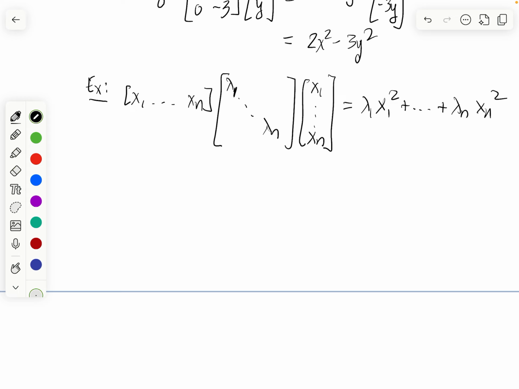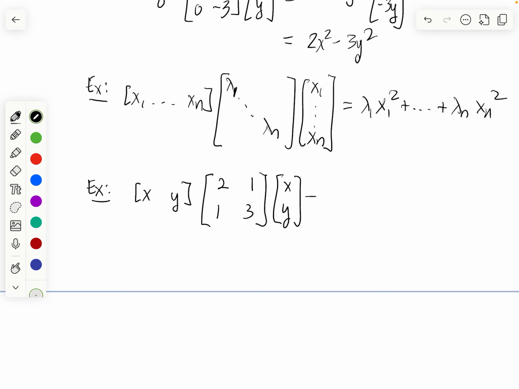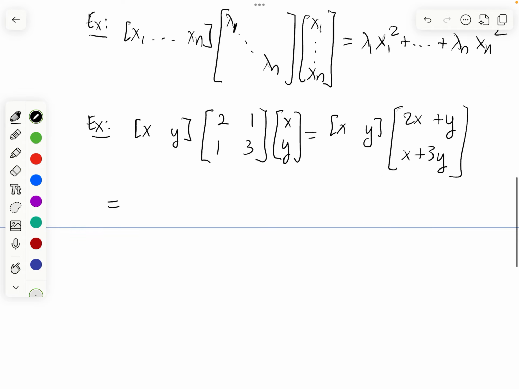But of course you can have a symmetric matrix that's not diagonal. So for instance, let's go back to n equals 2. So I'll use x and y. If you had a symmetric matrix like 2, 1, 1, 3, then you're going to get x, y times 2x plus y, x plus 3y. And then when you do the dot product, you're going to get x times 2x plus y, plus y times x plus 3y.